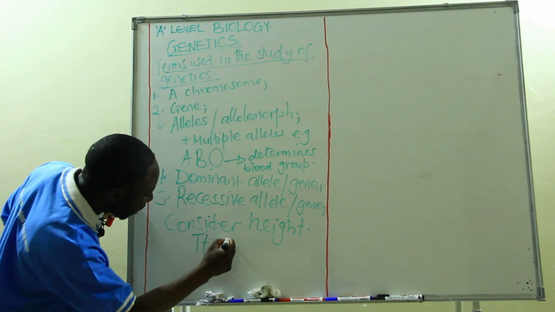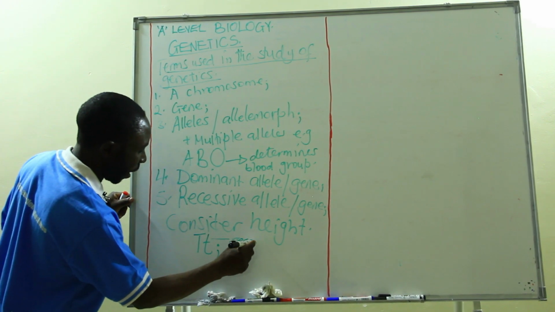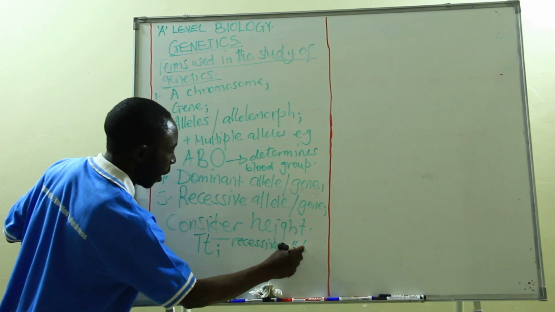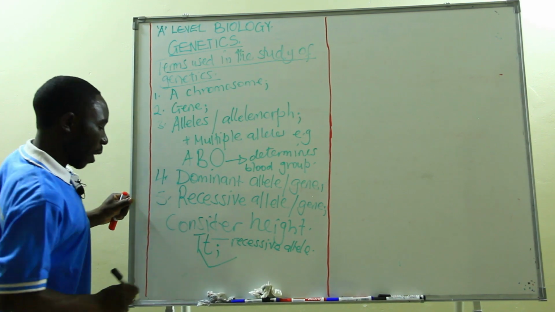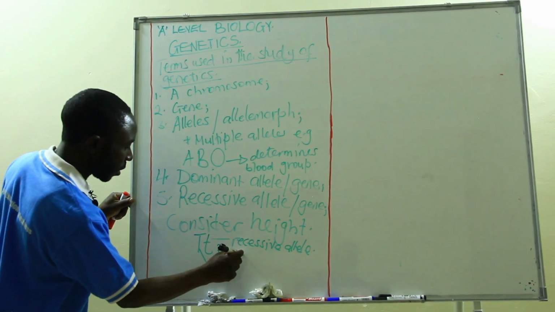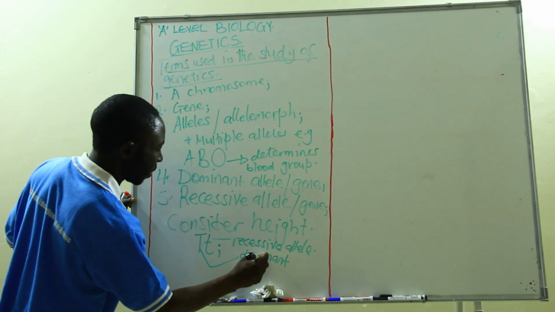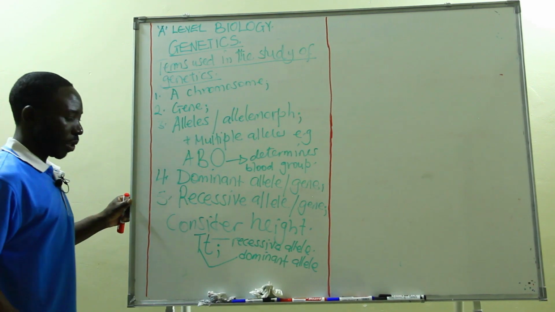The small letter represents the recessive allele, and the capital T represents the dominant allele or the dominant gene.